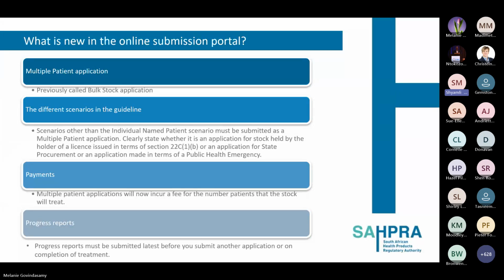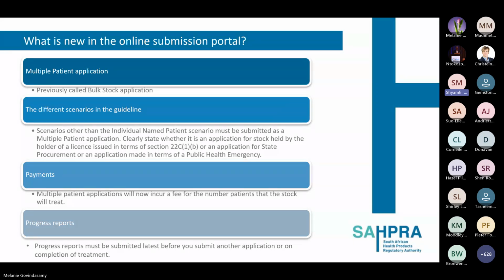This takes me to the next point: you have different scenarios in the guideline, where you talk about stock held by the holder of a license issued in terms of Section 22C1B, or an application for state procurement, or an application made in terms of a public health emergency. These must be done via the multiple patient application pathway, and you can mark it clearly that it is for one of these other scenarios.